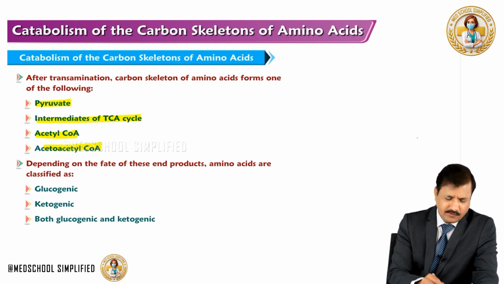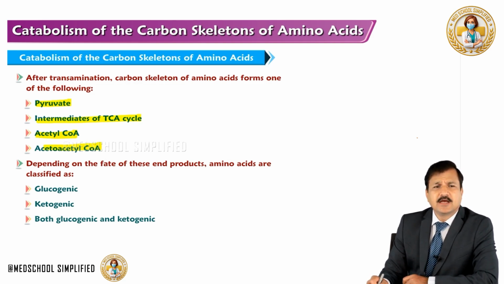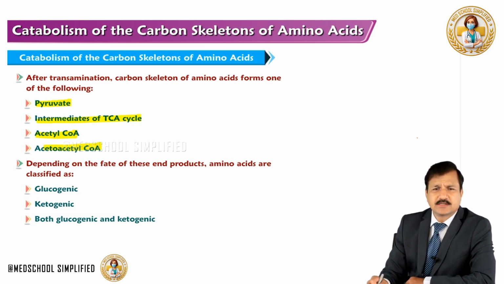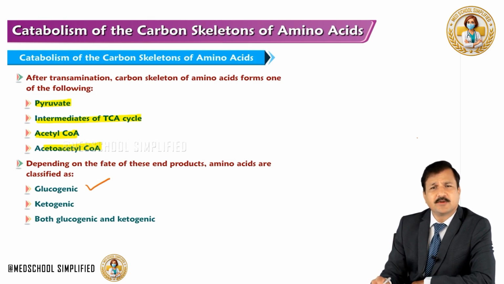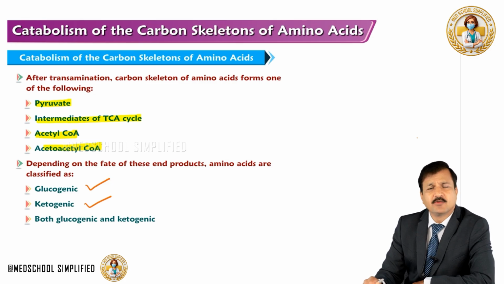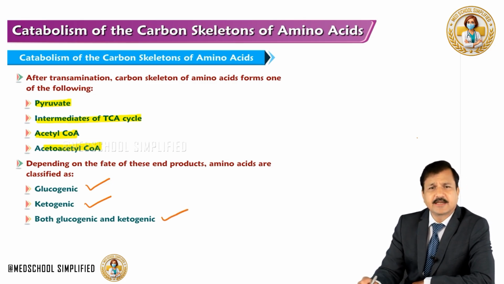Depending on the fates of these end products, pyruvate, intermediates of the TCA cycle, acetyl-CoA, and acetoacetyl-CoA, amino acids can be classified into glucogenic amino acids, the ones that will make glucose, ketogenic amino acids, the ones that will go into ketone bodies, and both glucogenic and ketogenic amino acids.